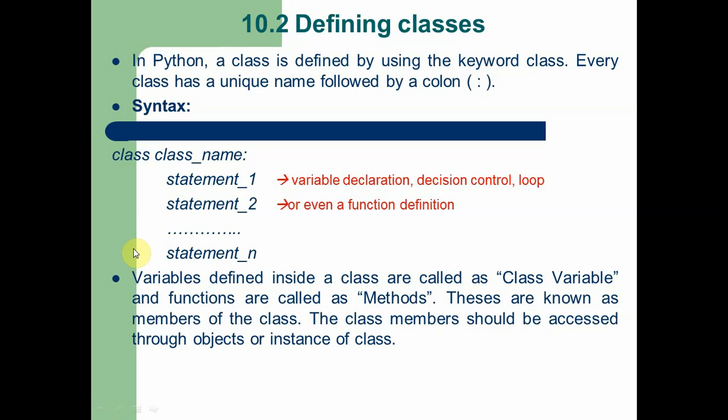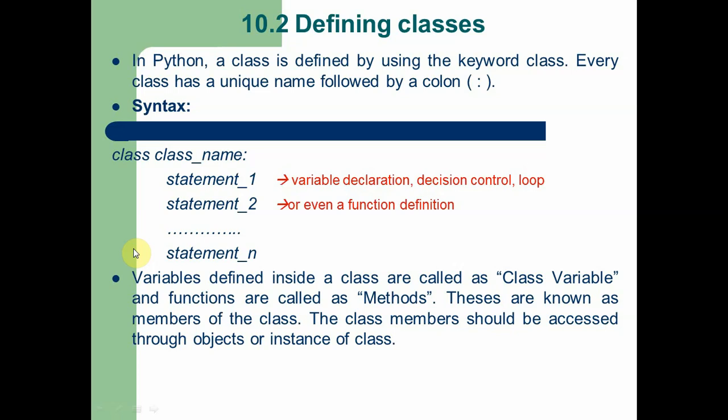If you declare a variable outside the class, then that variable is just a general variable which doesn't come into any class category. Whatever variable we declare inside a class is called a class variable.